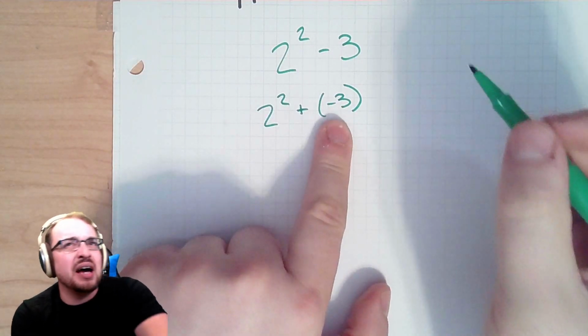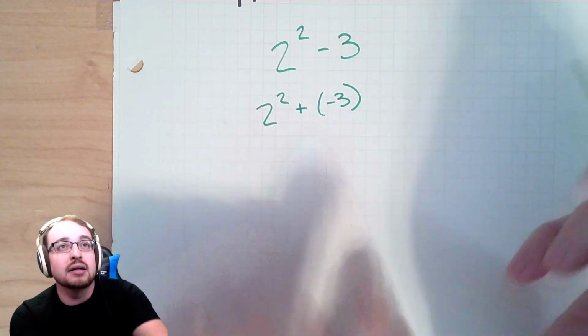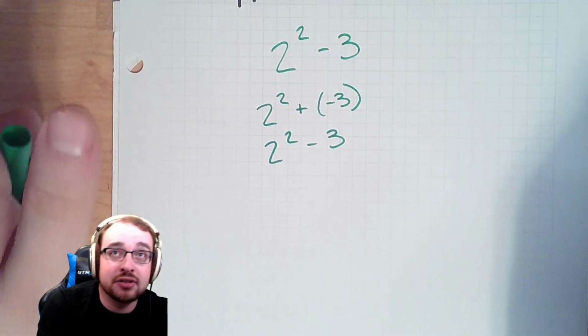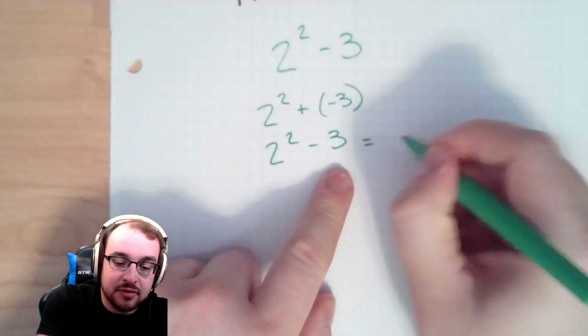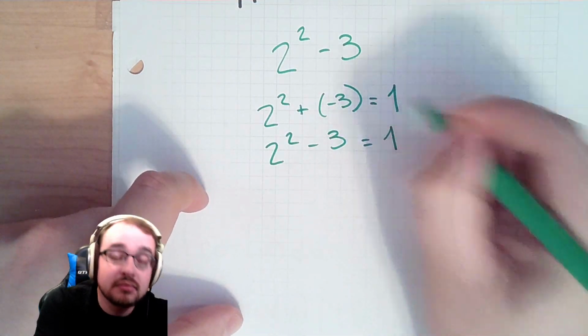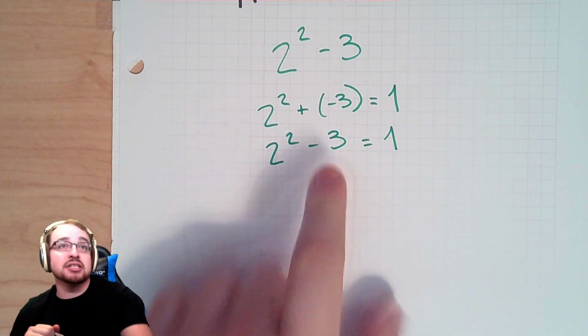And then I guess that would be how some of you would think of it as a negative, right, when it's with the number like this. Or it can be 2 squared minus 3. Either way, it'll be the same answer. This is 4 minus 3, which is 1. 4 plus negative 3, still 1, right? Adding a negative 3 is the same thing as minusing a positive 3.